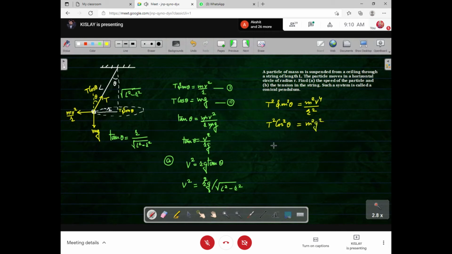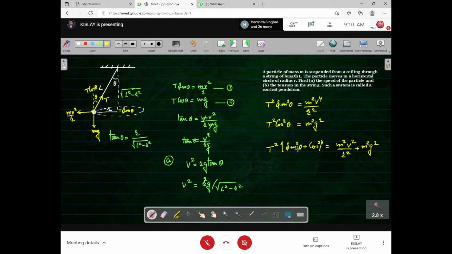Now add these two, you will get T square (sine square theta plus cos square theta), and on this side you will get m square v to the power 4 upon r square plus m square z square.